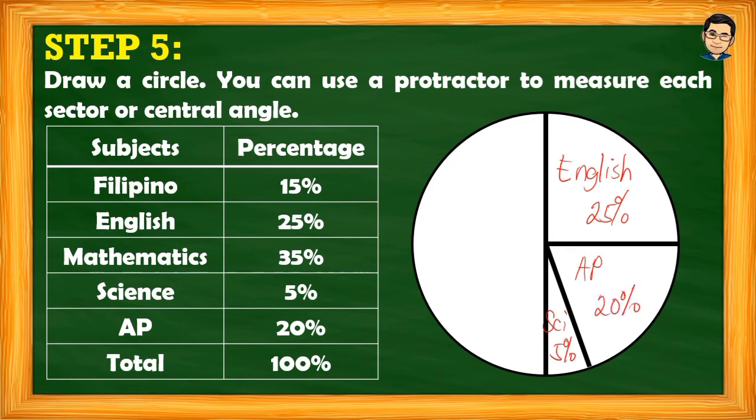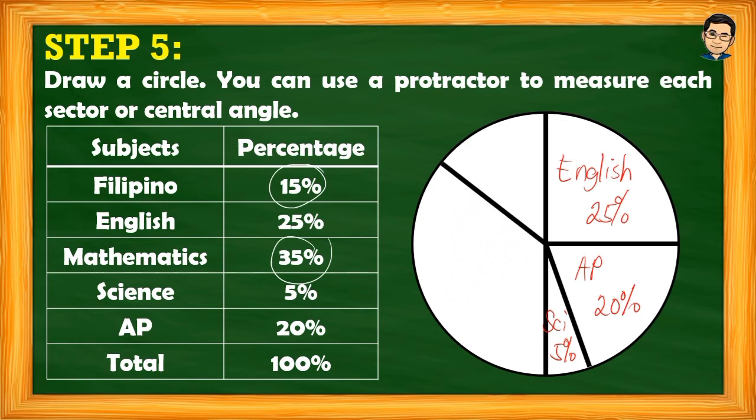So, nailagay na po natin yung tatlong subjects, English, AP, and Science. And then, yung nawawala na lang po dyan is yung Mathematics and Filipino. So, yung other half natin, mapapansin nyo, 15 saka 35, kapag pinag-add natin yan is 50%. Nasa left side po sila. So, paano natin yun hatiin?